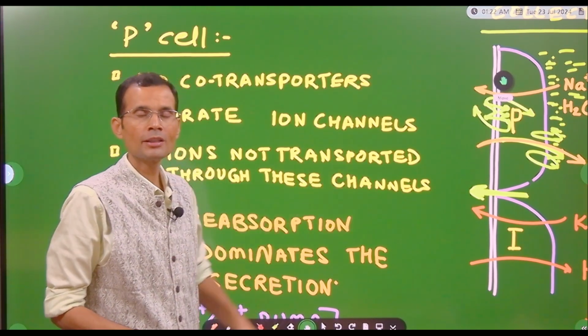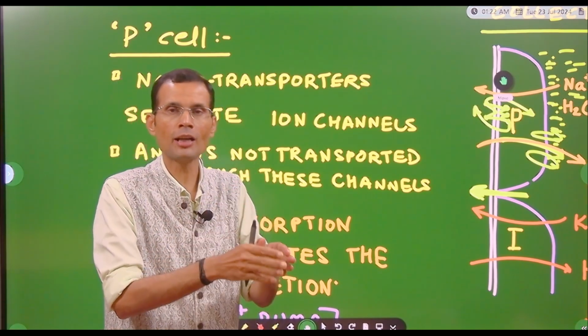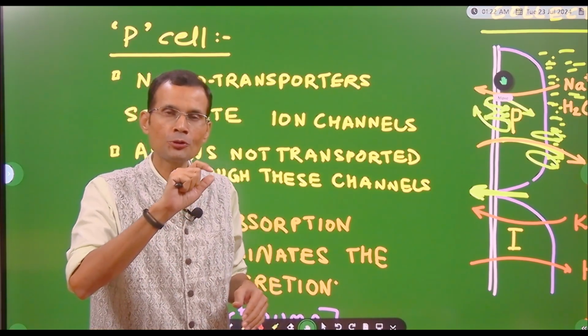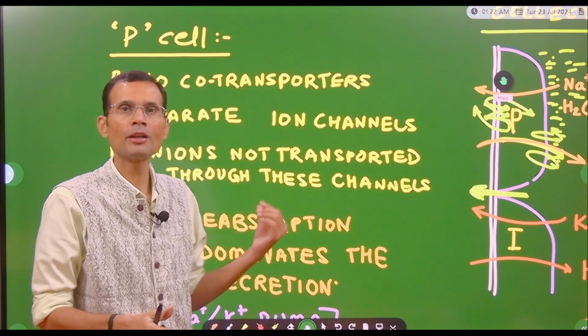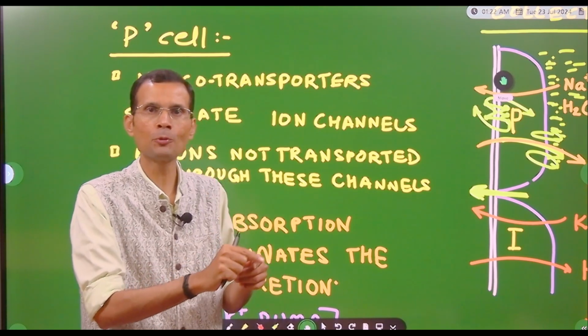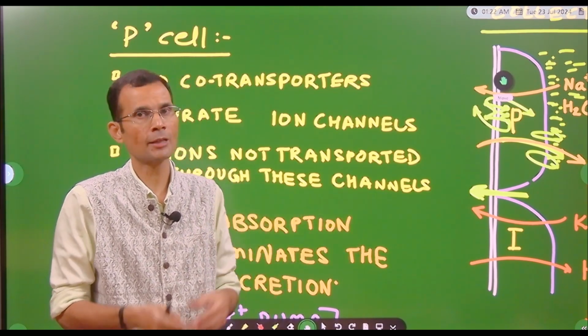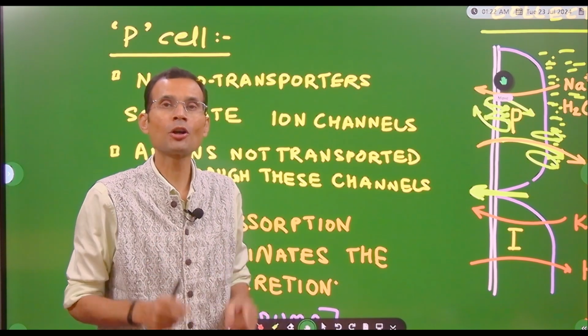In the case of the DCT, there was the NCC transporter. So there were co-transporters which could be blocked by loop diuretics or thiazide diuretics. They just bind to one transporter and then that movement of 3 ions or 2 ions can be blocked. That's not the case here.